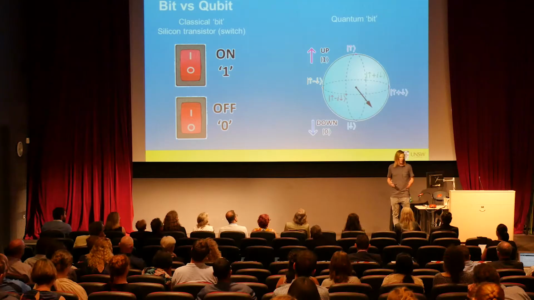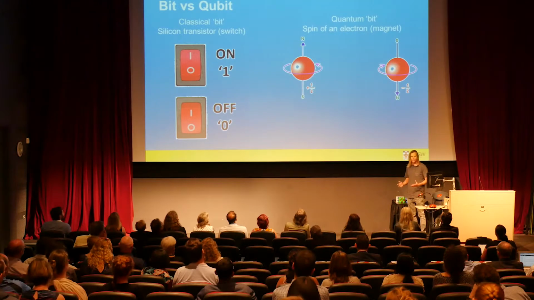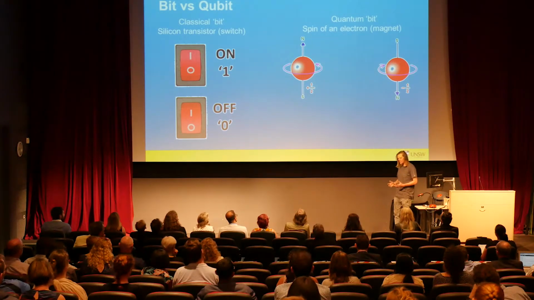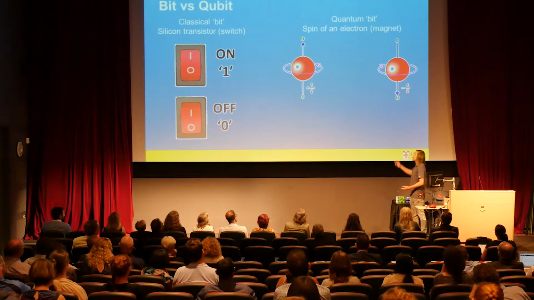Now, a qubit can be only measured in one direction, which means that the outcome of the measurement is always a vector pointing up or a vector pointing down. The simplest example of such a qubit would be an electron spin. An electron is basically a very tiny magnet, and when measured, it's always pointing either up or down.